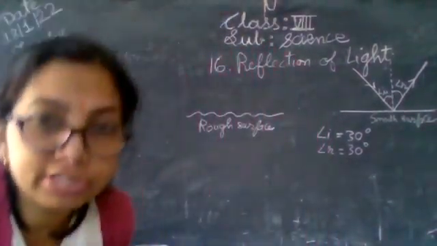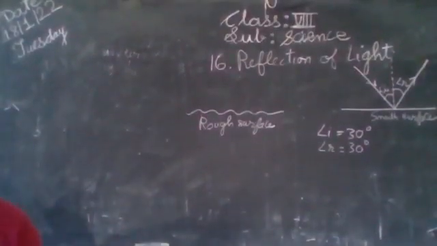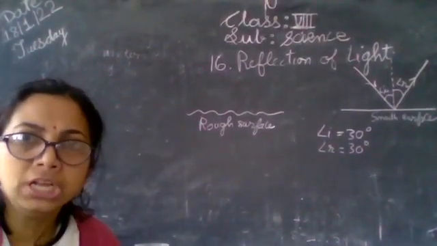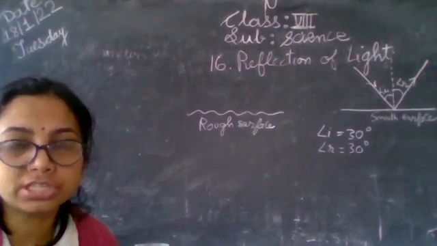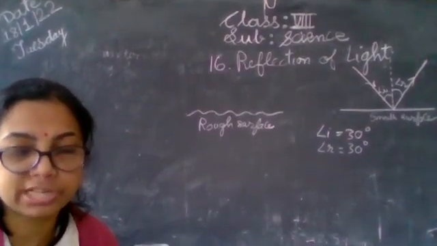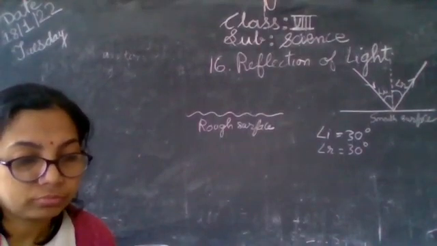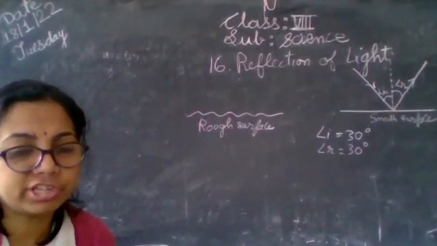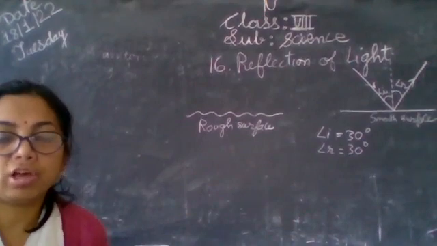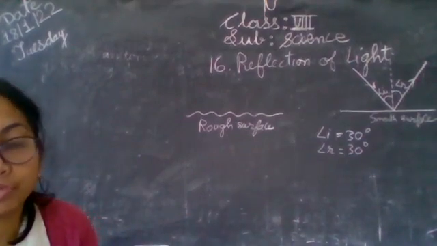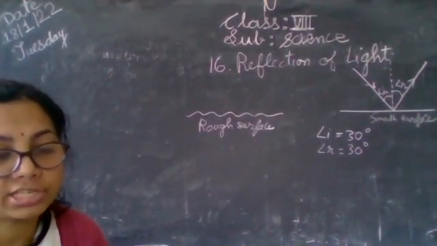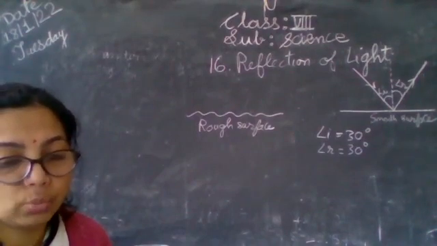So today we are going to see the difference between the reflections of a smooth surface and a rough surface. You see, what is the relationship between the angle of incidence and angle of reflection? For a smooth surface, they are always equal.